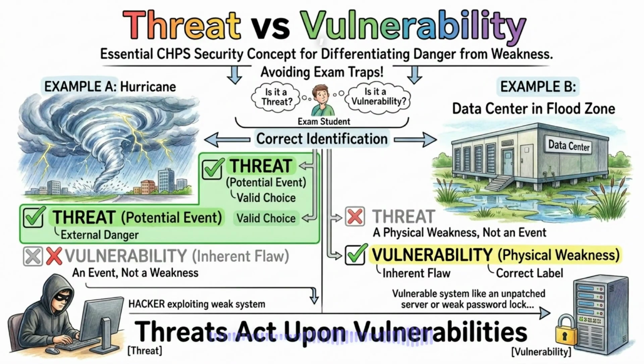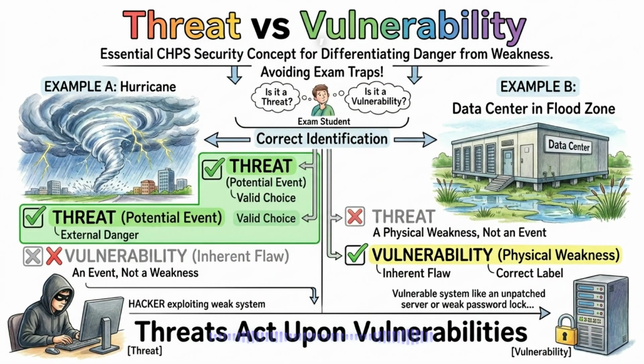To successfully navigate the CHPS exam, you must clearly distinguish between a threat and a vulnerability. A threat is any potential danger or event that could trigger a negative impact on the organization, such as a hacker, a natural disaster, or even a careless employee.